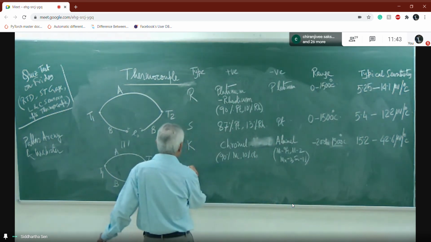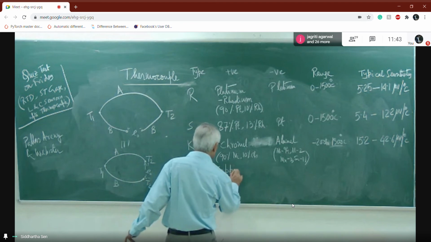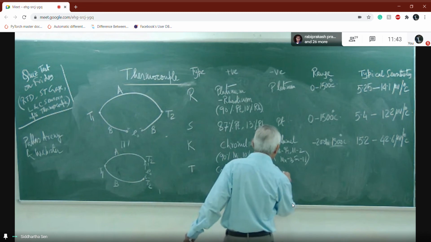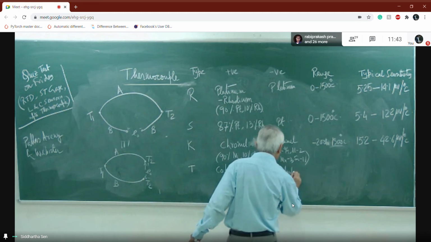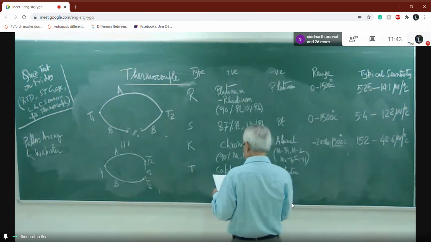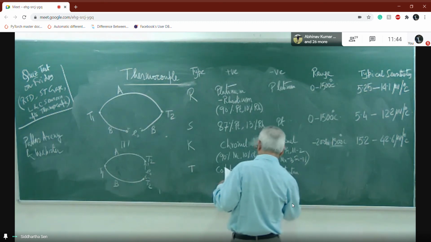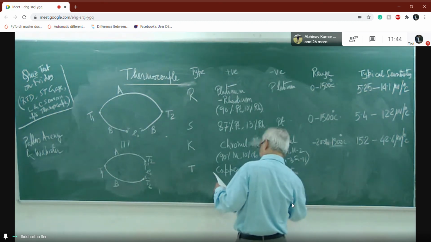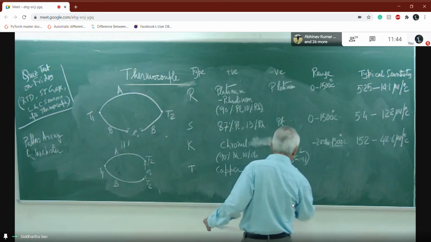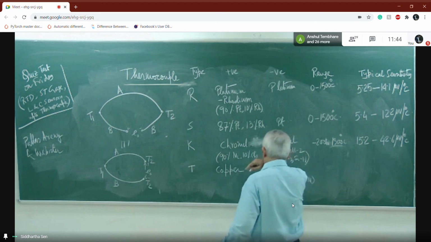Next is T, it is copper and constantan. It is 57% copper and 43% nickel. So this is also an alloy.